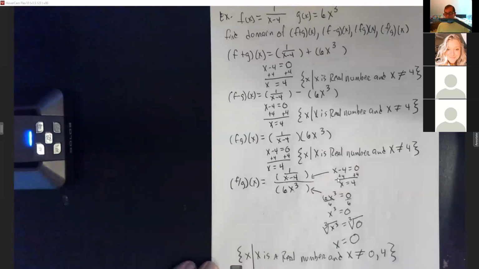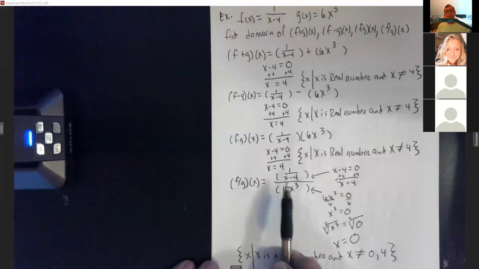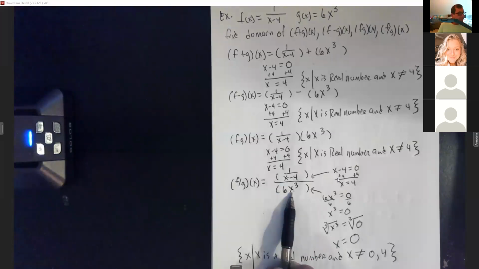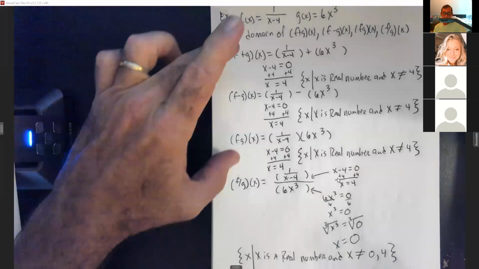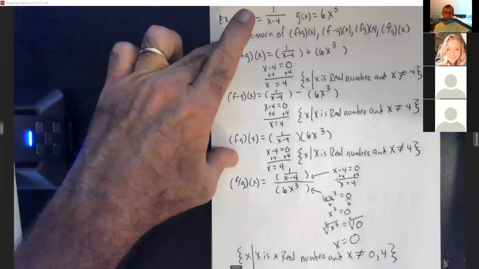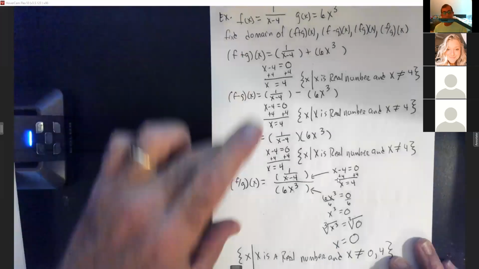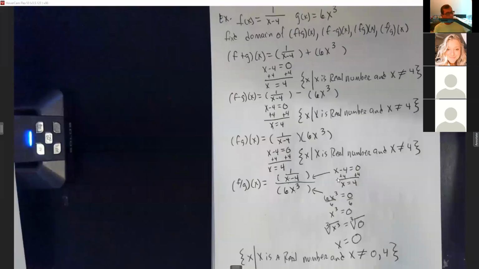So 2 numbers would make this thing undefined, okay? It's because I put a 4 here, or if I put a 0 in the bottom. So have you noticed on both of these big problems I did, adding, subtracting, multiplying all had the same domains. It was the division that always has the different domain, okay?